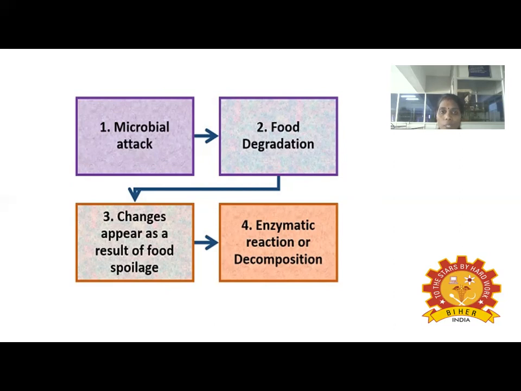First, the microorganisms will attack and go into the food materials. Then the food will be degraded, I mean the original nature will spoil. Then changes appear as a result of food spoilage, then enzymatic reaction or decomposition.